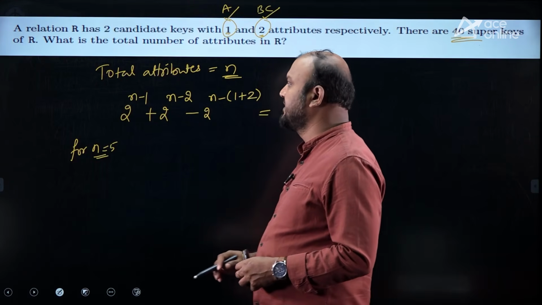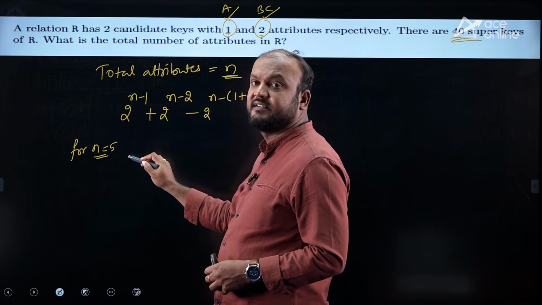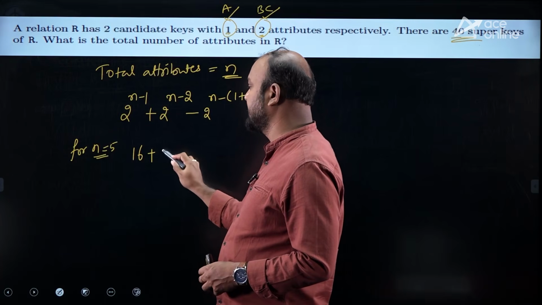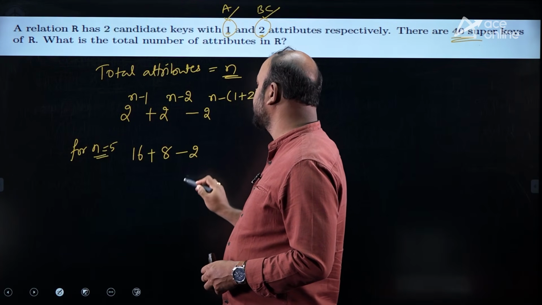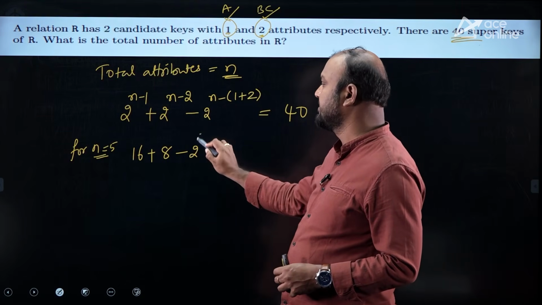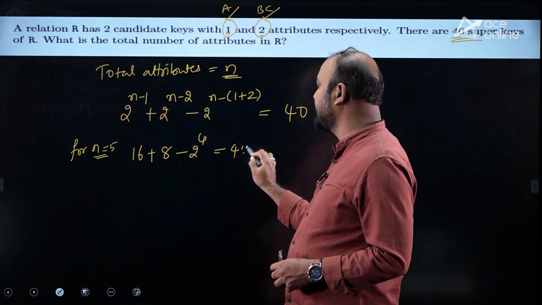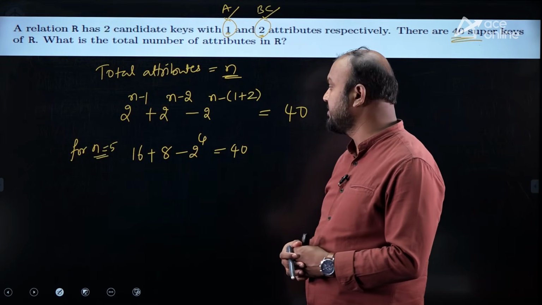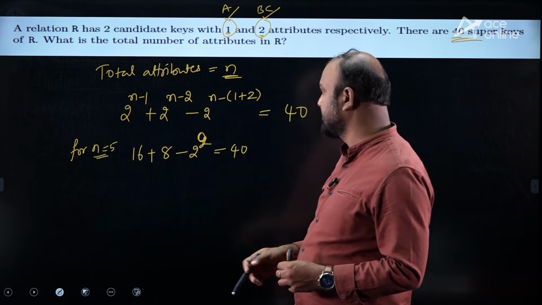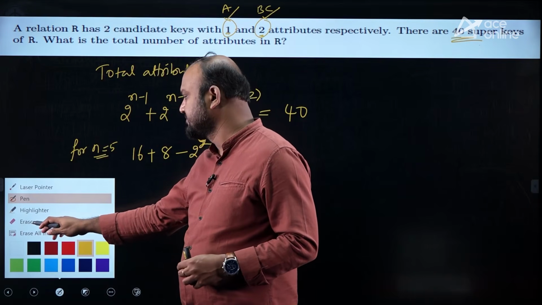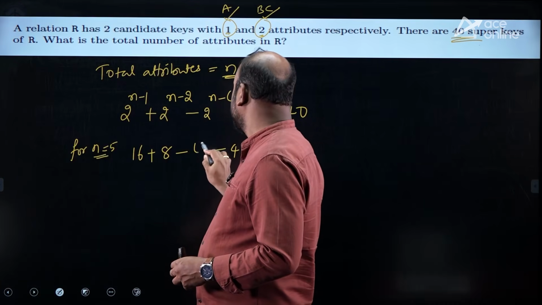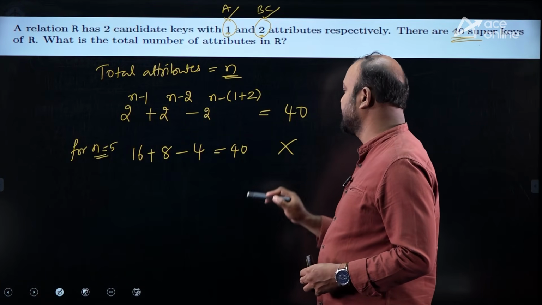For n equal to 5, 2 to the power of 5 minus 1, that is 4, 16, plus 2 to the power of 5 minus 2, which means 2 to the power of 3, 8, minus 2 to the power of 5 minus 3, which means 2 to the power of 2, that is 4. 16 plus 8, 24, minus 4, equal to 40? It is wrong.